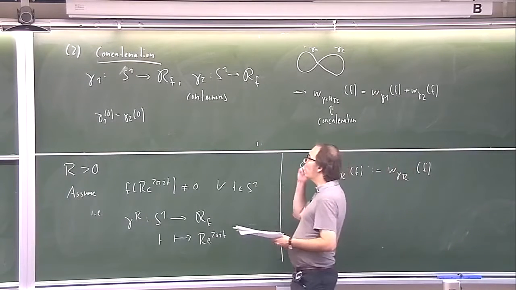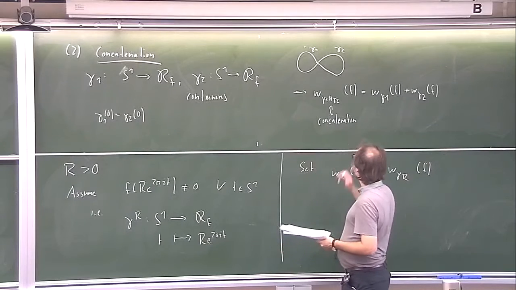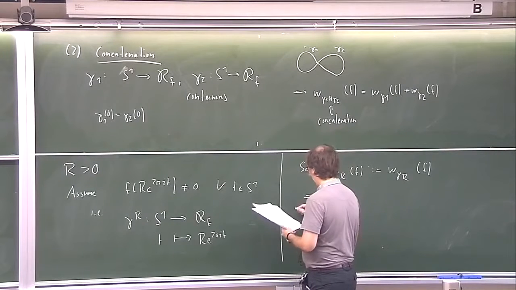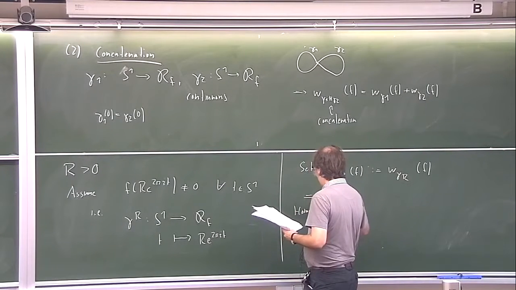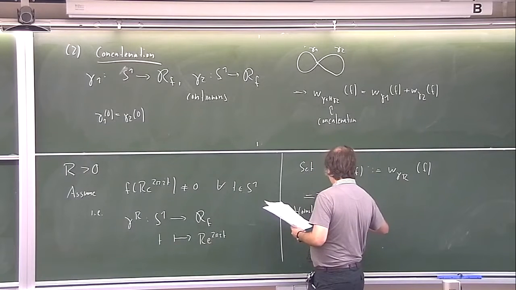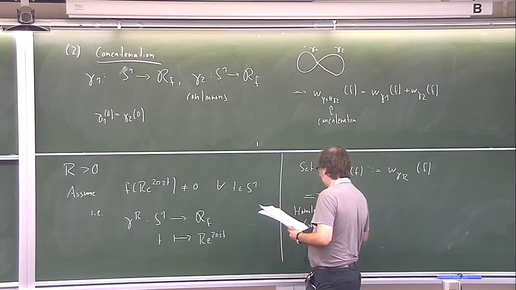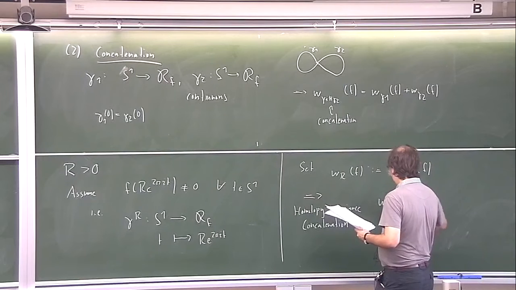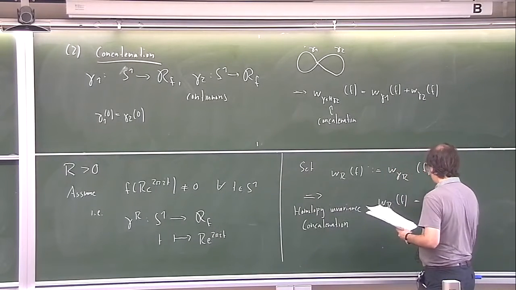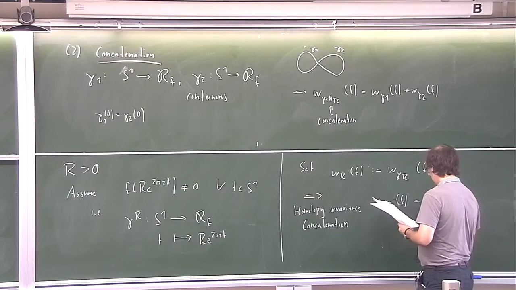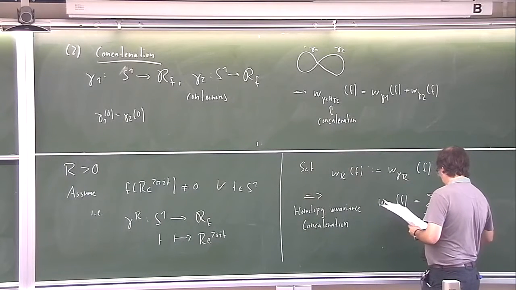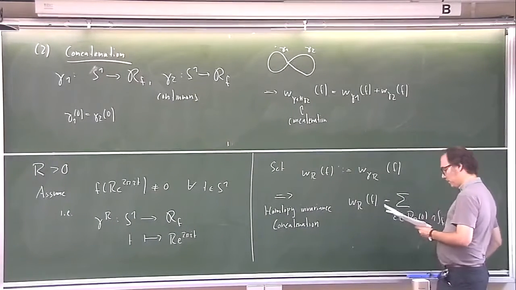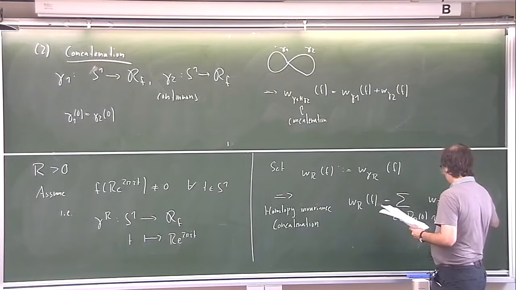And a consequence now of this concatenation property and homotopy invariance is that the winding number R of f we can express as the sum over all singular points in the R ball of the local degrees.